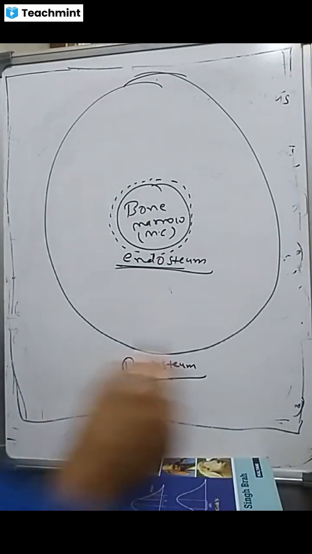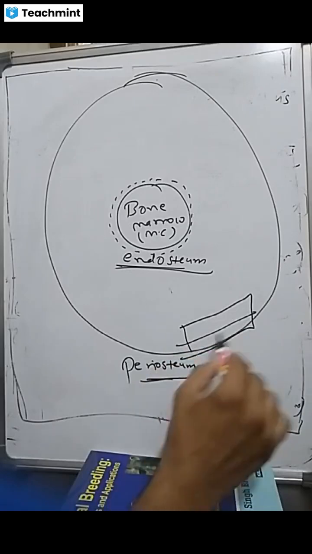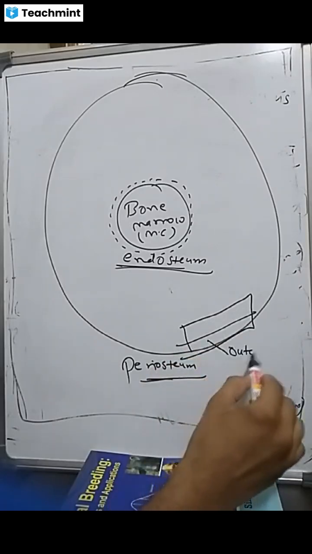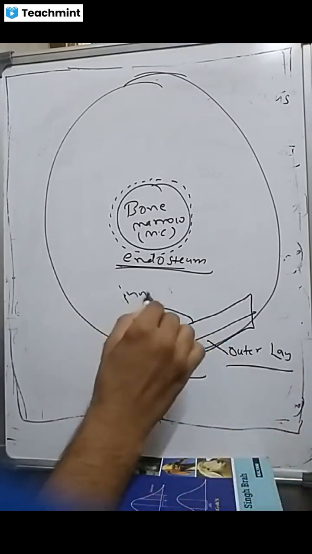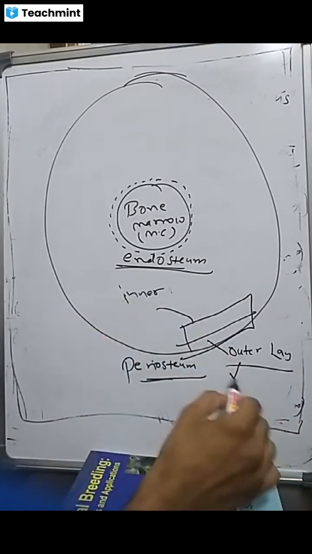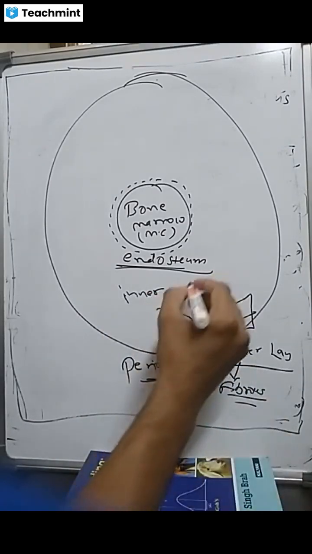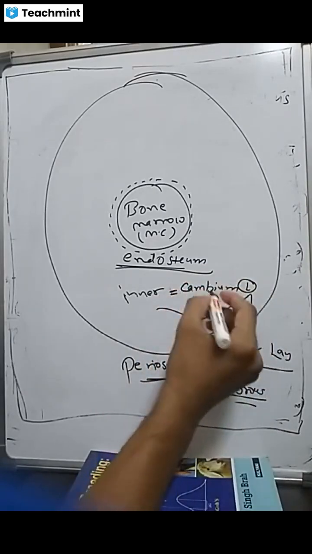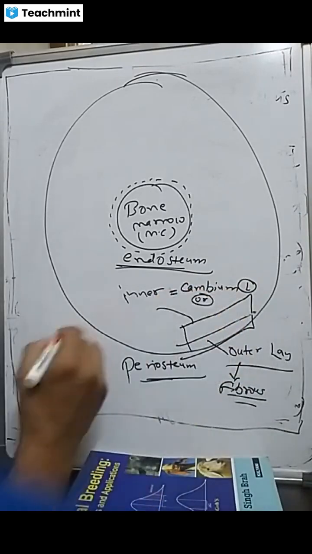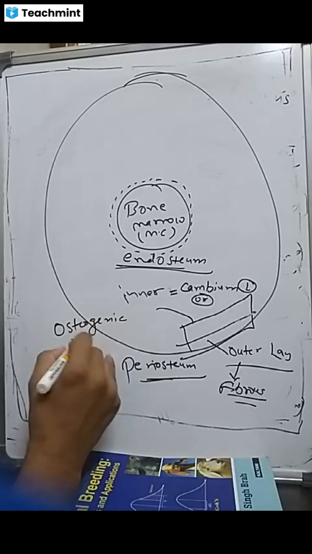This periosteum has two layers, an outer layer and an inner layer. The outer is the fibrous layer and the inner is the cambium layer, or one more name is the osteogenic layer.